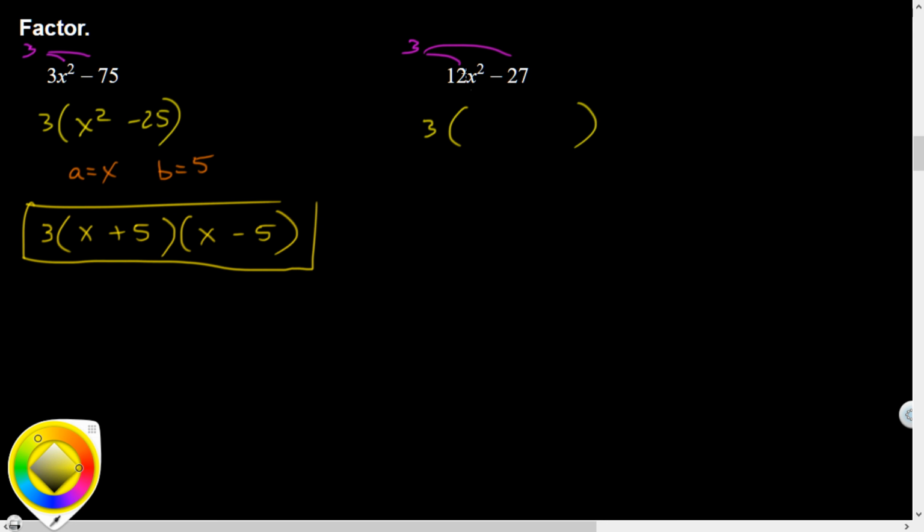Let's see, 3 times what number is 12? Interesting, interesting. Oh, I missed my squared here.